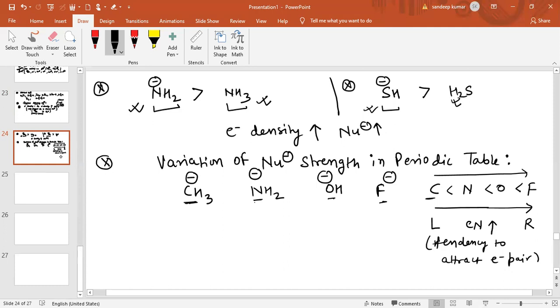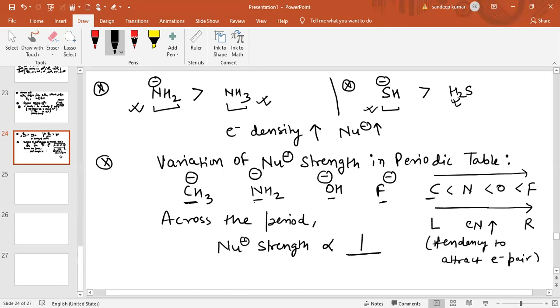So we can easily say that across the period, for the comparison of nucleophilic strength, simply compare the electronegativity of the central atom.